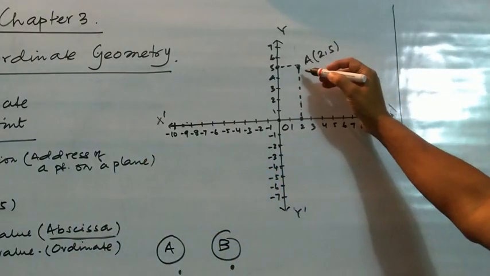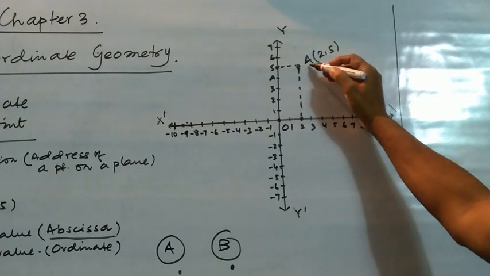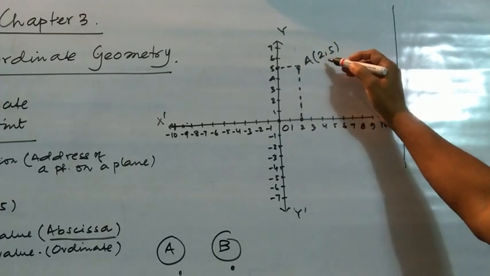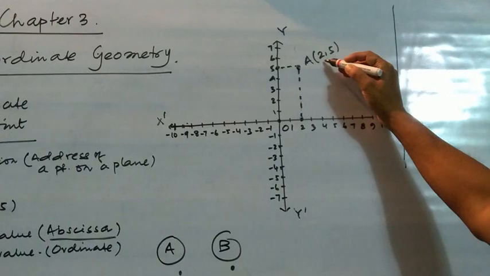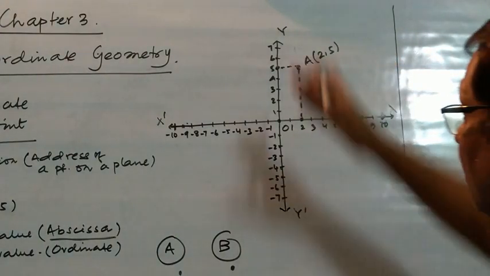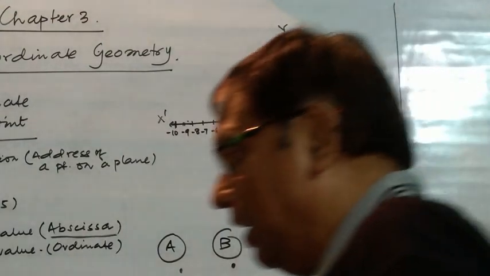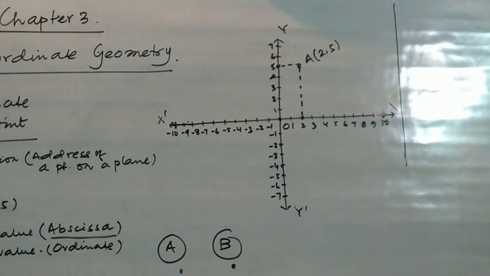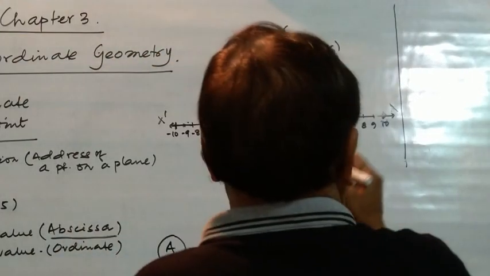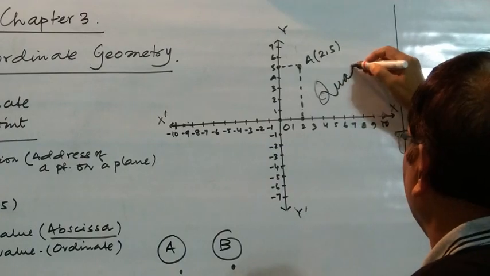That particular point where both the perpendiculars meet each other is denoted as point A, whose coordinate within the brackets we write as 2, 5. Now, two mutually perpendicular lines, the x-axis and y-axis, in fact divide the entire plane into four parts, and each part is known as a quadrant. So this is a quadrant.